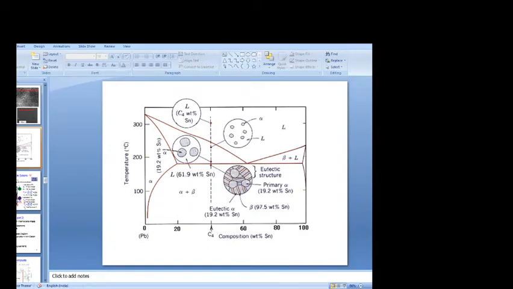So the microstructure development between point J and L is similar to that for the second case, such that prior to crossing the eutectic isothermal at point L, alpha and a liquid phase are present, and the liquid phase has a composition of approximately 18.3 weight percentage.